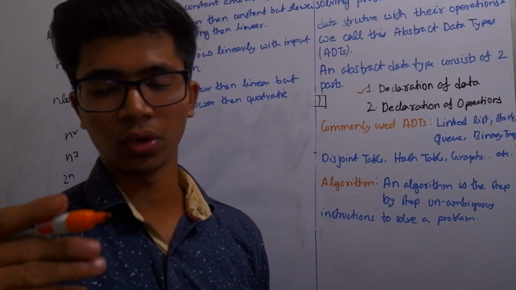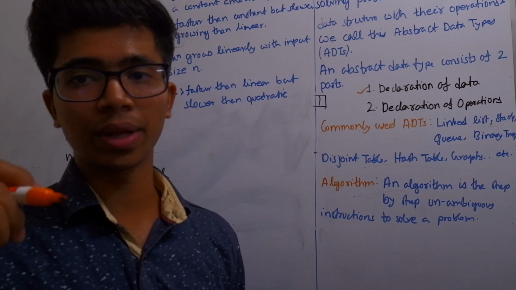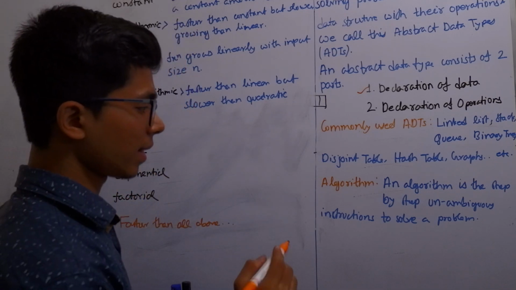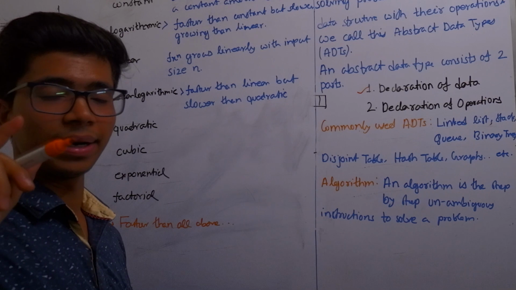So we know about algorithms, and to run algorithms we need a certain amount of time. Suppose there's an algorithm, and we take a little piece of code.